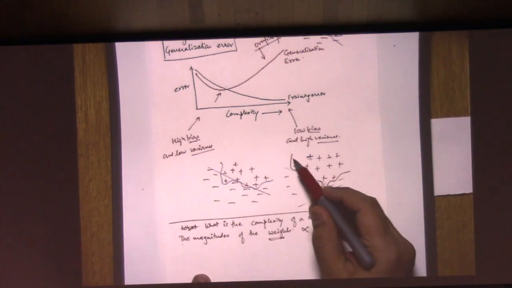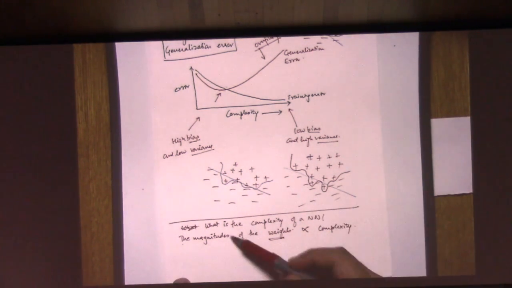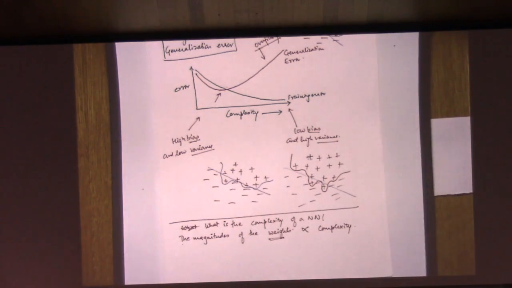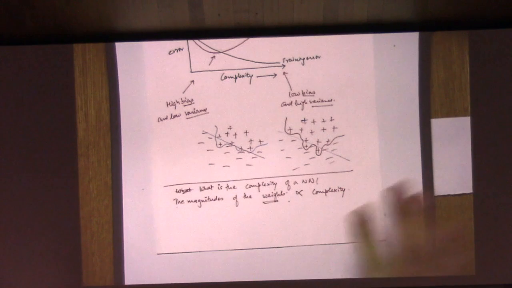And if you keep these weights very low, it would prefer straighter boundaries between these different regions. However, if you keep the weights high, they would be more complex, right? So which means that if we can control the weights, we can keep our solution less complex.